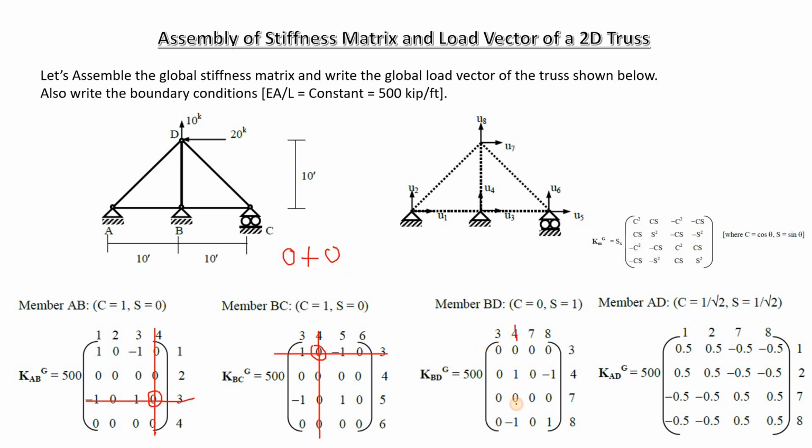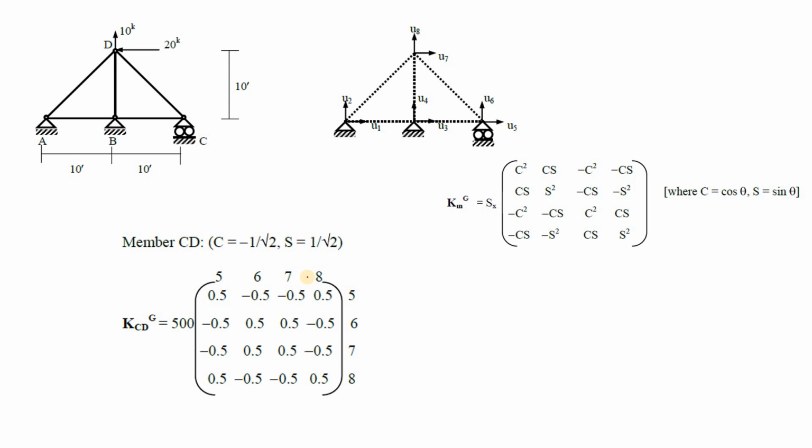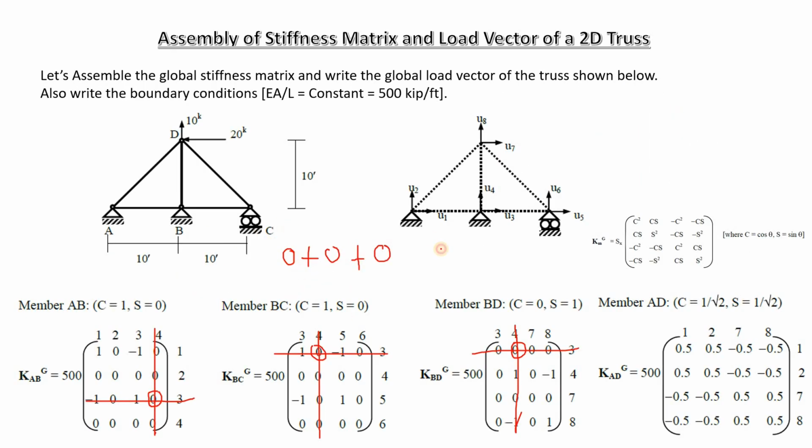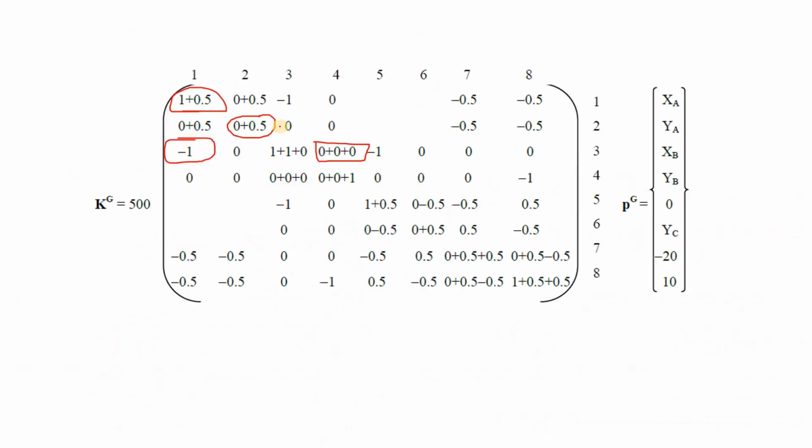Then again we have column 4, row 3, this is what it's intersecting, so plus 0. We don't have any column 4s here or row 3s here. Similarly, we don't have any column 4s or row 3s here. So here we have 0 plus 0 plus 0 for column 4 and row 3. So here in the larger matrix, we have 0 plus 0 plus 0 for column 4 and row 3.